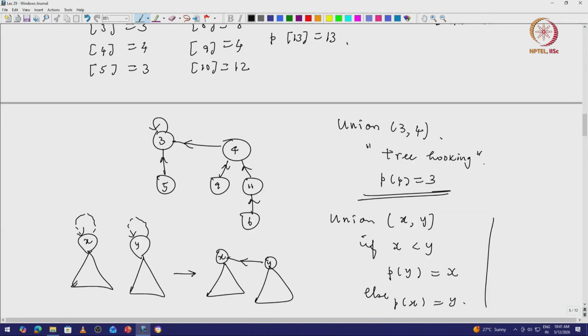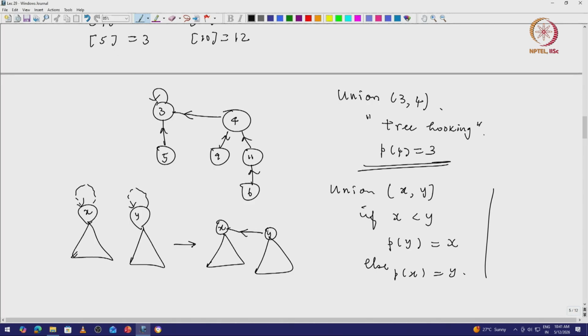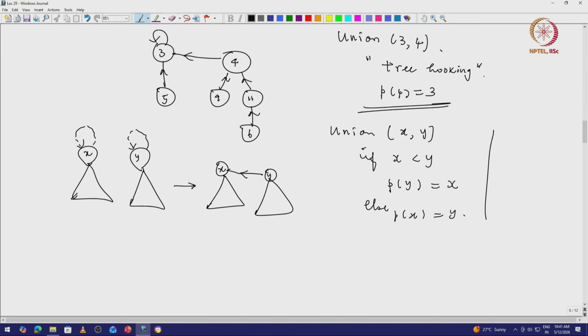Okay. So, this is the union procedure. This is the find procedure. Find x, y equal to x. So, y is going to be used to chase through the ancestors.